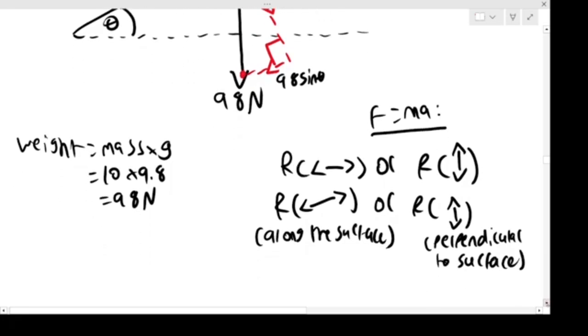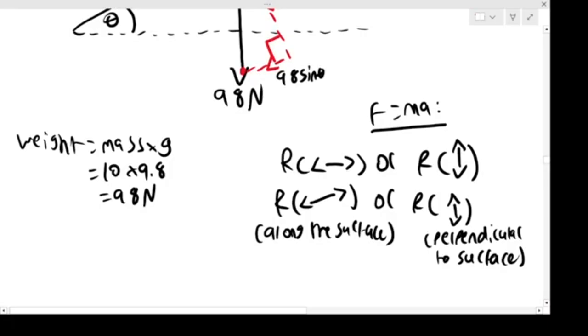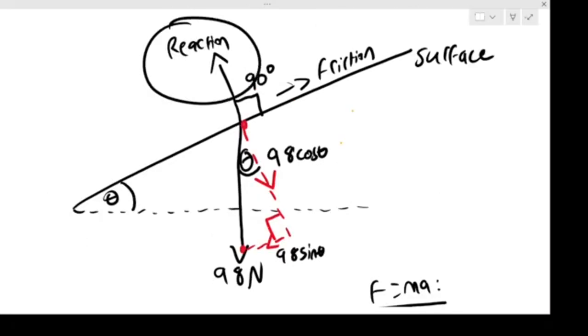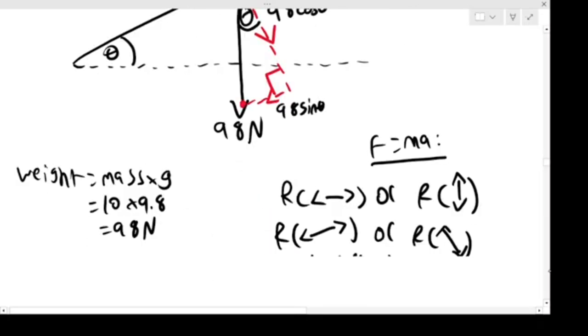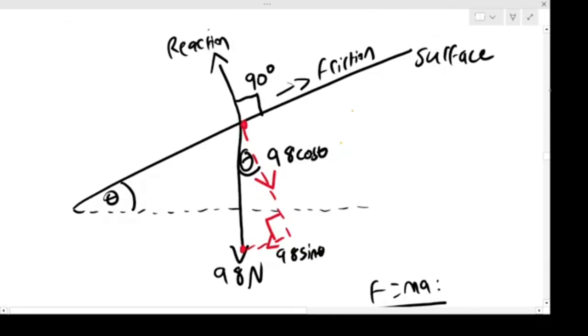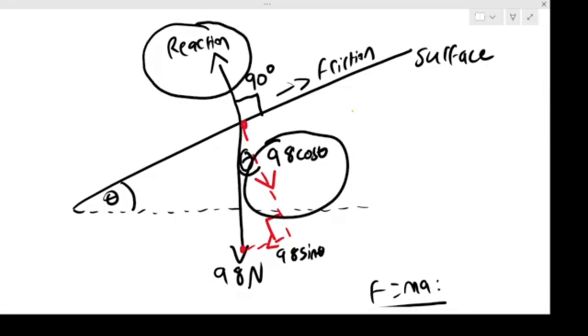Okay, so firstly, if I look at the perpendicular forces, okay, so what are my perpendicular forces? Well, the reaction force is perpendicular, so the reaction, and then hopefully you can spot if the reaction force is up like this, then this force, 98 cos theta, is going to be the other way, and it's going to again be perpendicular because that's 90 as well.